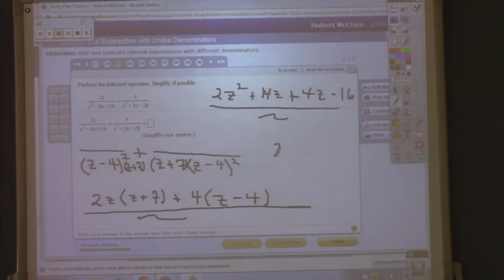And that would be 2z squared plus 18z minus 16 over common denominator. So I'm sure you've got to factor the top. Factor out what? 2. 2.